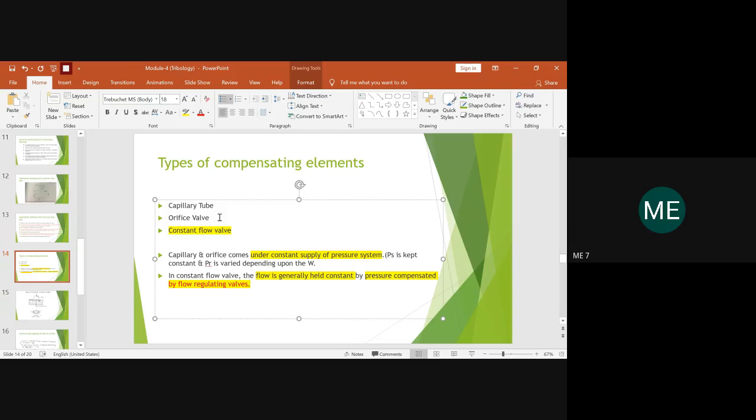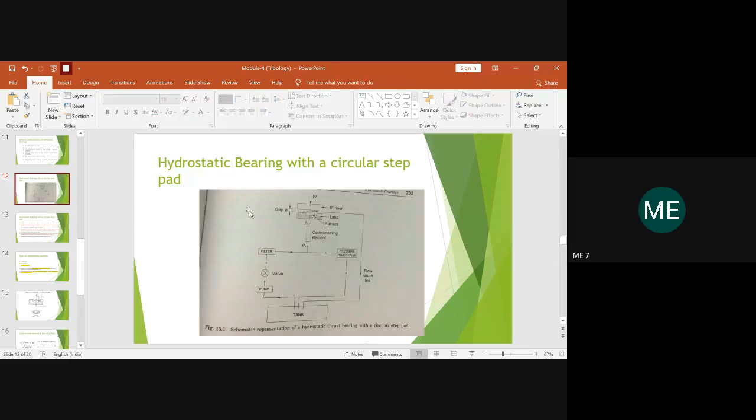So these are the three types of compensating elements which could be used in a hydrostatic bearing. Based on the requirement or the load condition, you can fine tune the type of compensating element used, so that there is no difficulty in getting the required PR value. That is the main agenda.